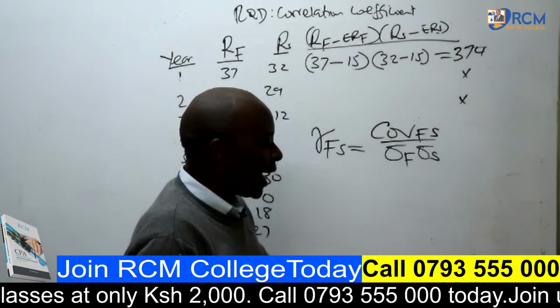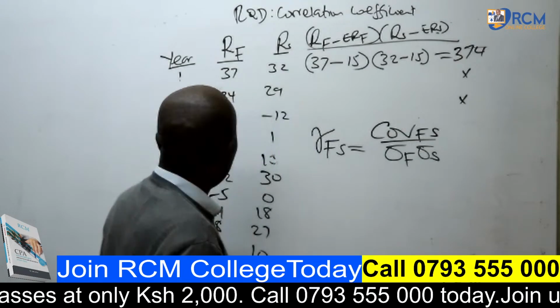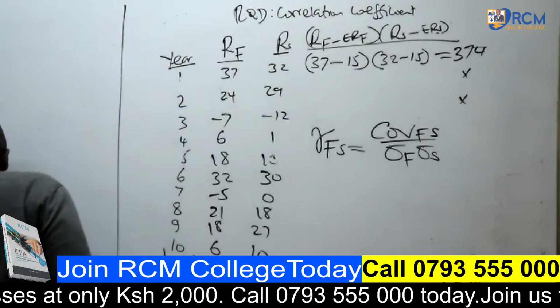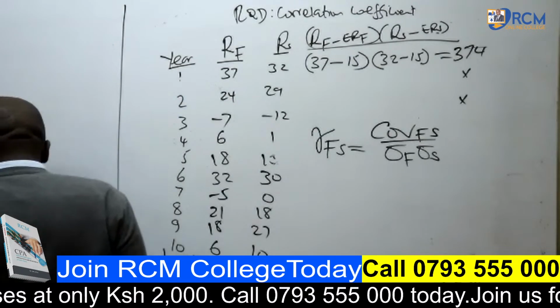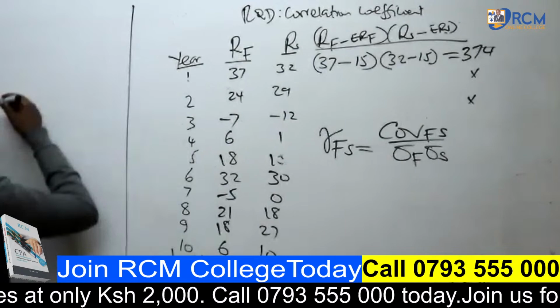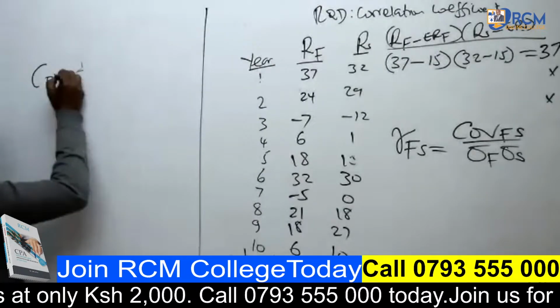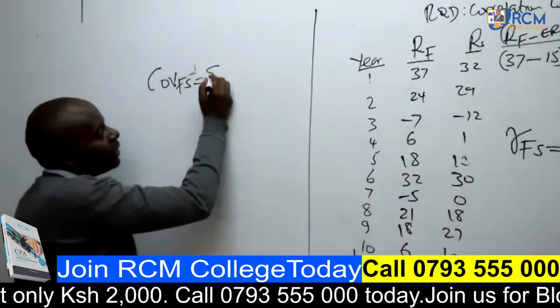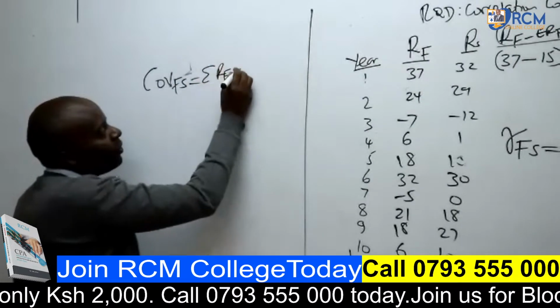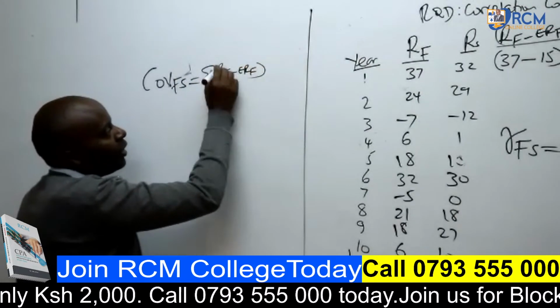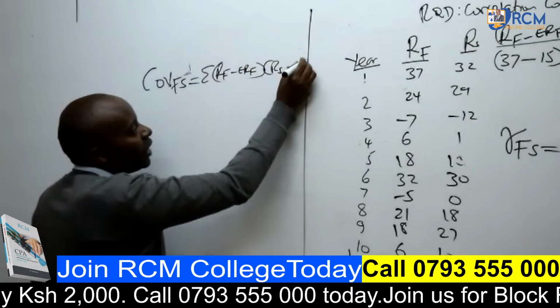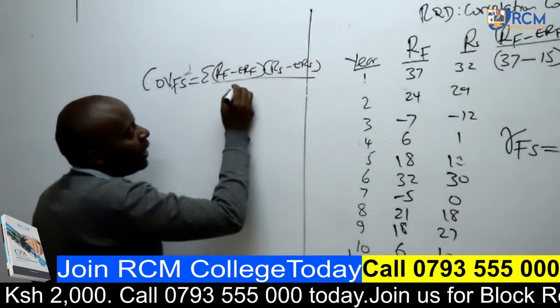My covariance between F and S is the summation of returns of F minus expected returns of F, times returns of S minus expected returns of S, divided by N minus 1.